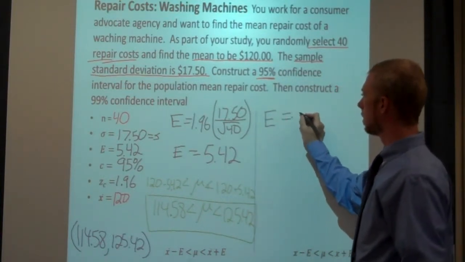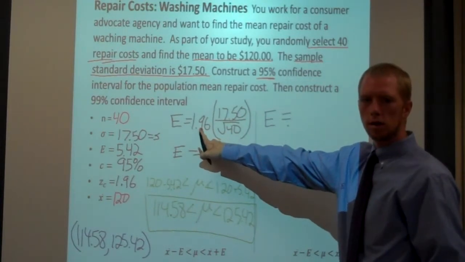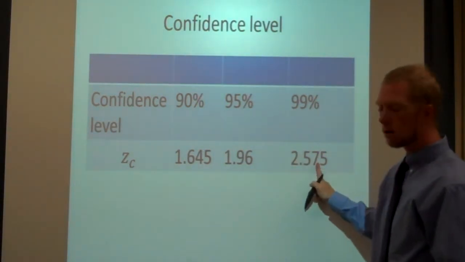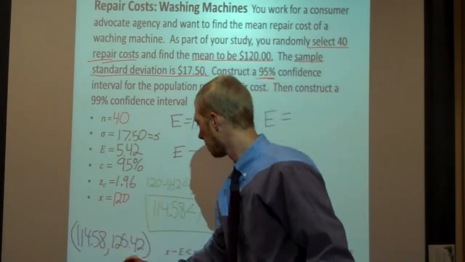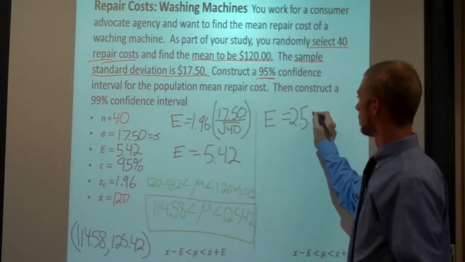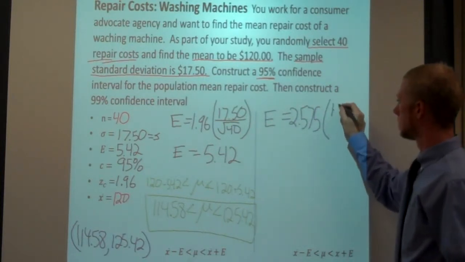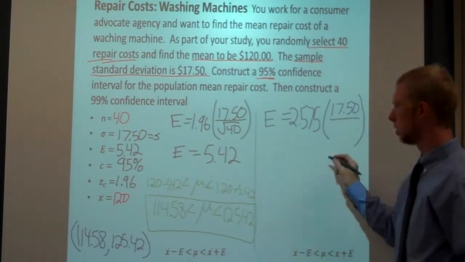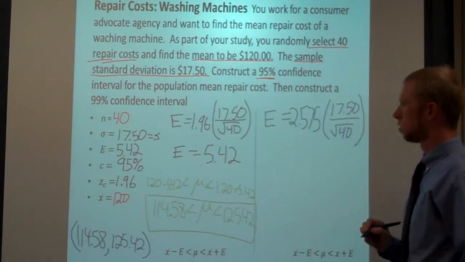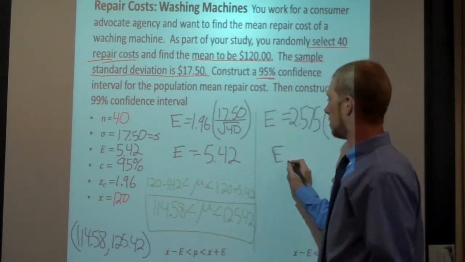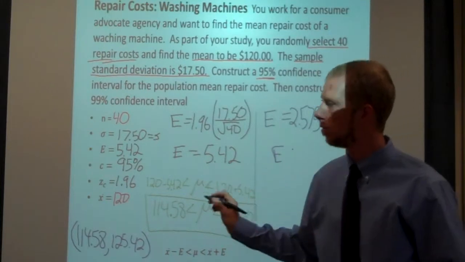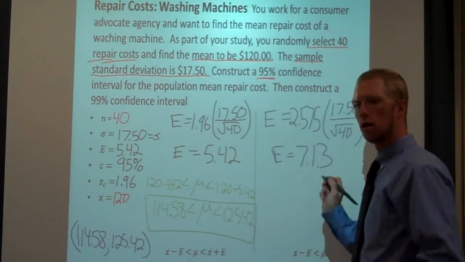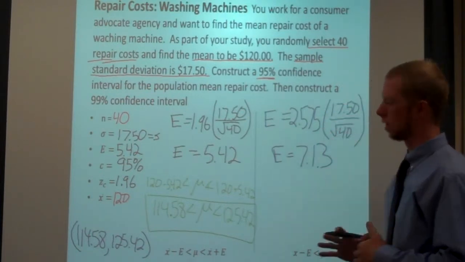We're going to have E equaling a different z sub c. If you go back one slide again, we're looking at 99%, so 2.575, times 1750, because our estimate of sigma will not change, and our sample size didn't change. This is going to be 713. You can check that on your calculator.